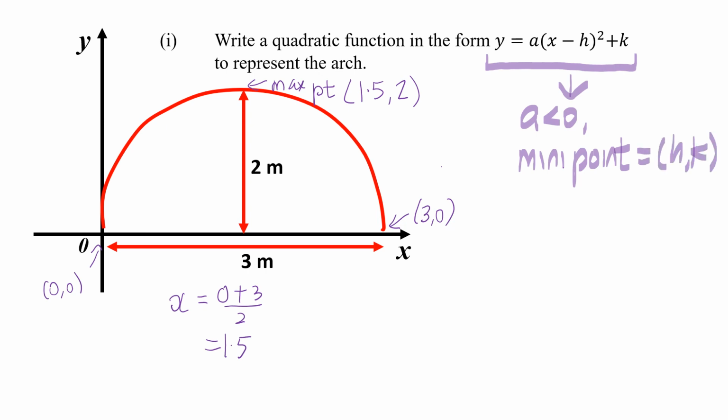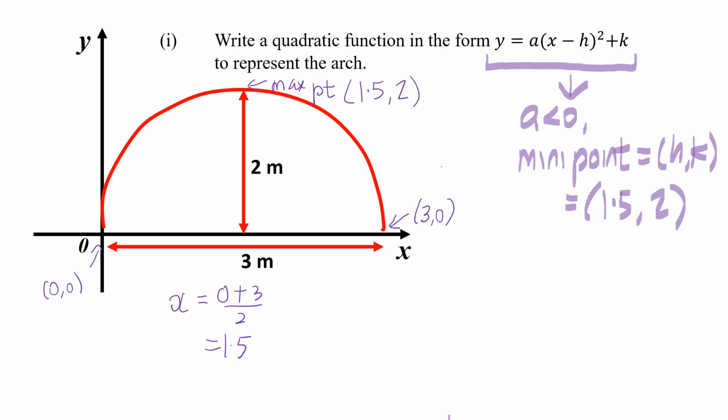If you do not understand how I get this point equals to (h, k), please refer to the video on factorizing quadratic functions in different ways. We're going to compare this point with what we found earlier on, which is (1.5, 2).